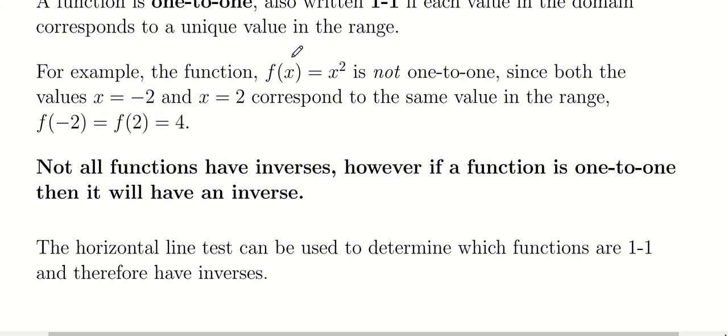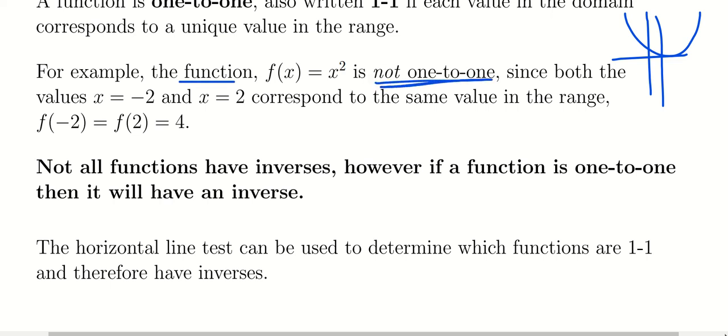A very nice function, one we're very comfortable with, f of x equals x squared, although it's a function, if we look at its graph, it's a parabola like this, it passes the vertical line test, so f of x equals x squared is a function, but it's not a one-to-one function. And to see why, let's consider evaluating the function at -2 and 2.